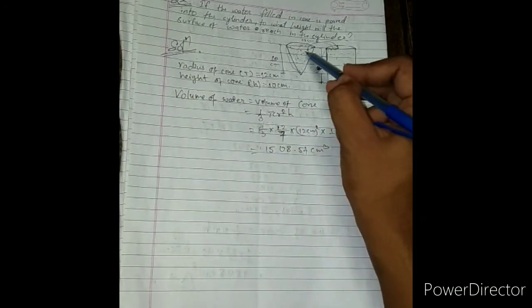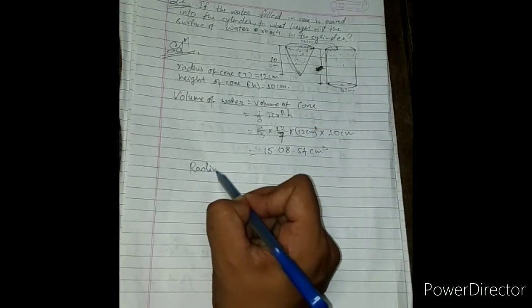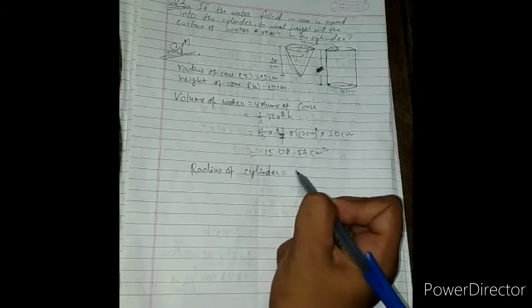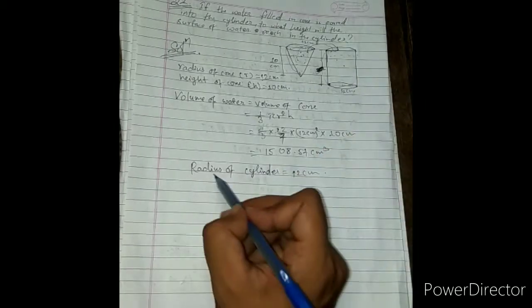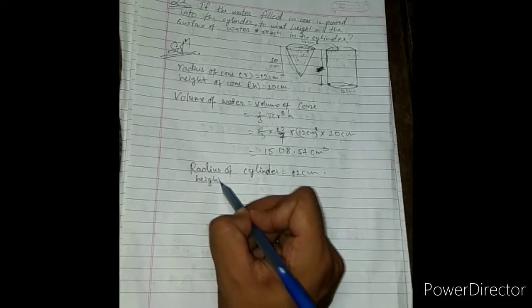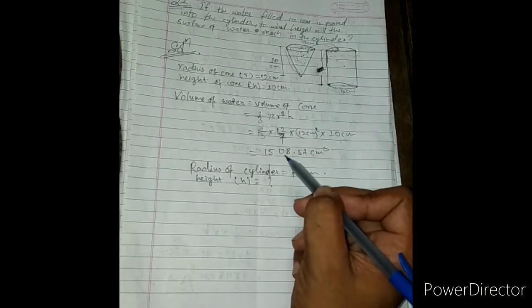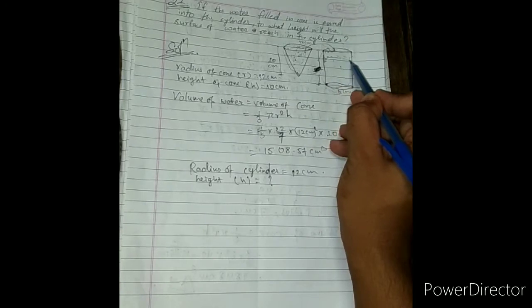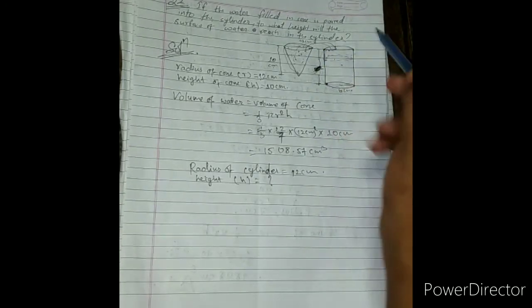Now the volume of water is this. Now it is poured into the cylinder. What is the radius of the cylinder? The same, 12 centimeter. Height you have to find. The water may rise up to here or fill it totally. It is not given.